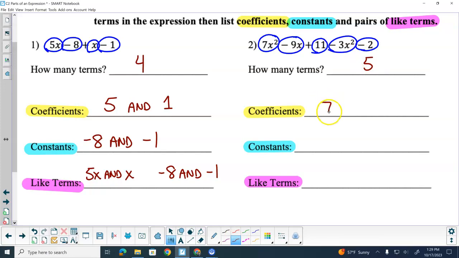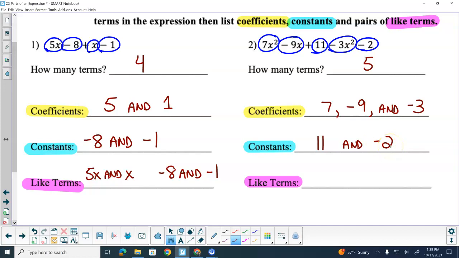So we've got a 7, we've got a -9, and we've got a -3. Constants. So we would have terms without variables. 11 doesn't have a variable, and -2 doesn't have a variable.